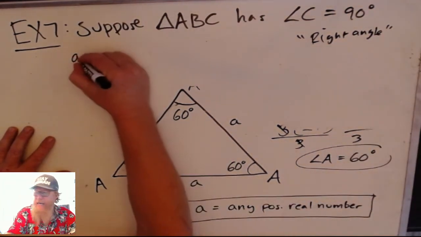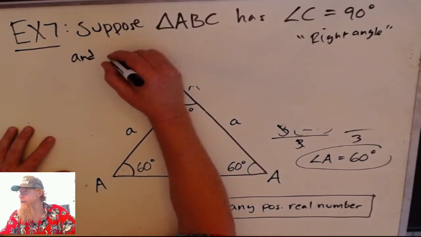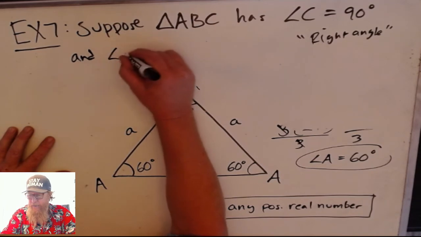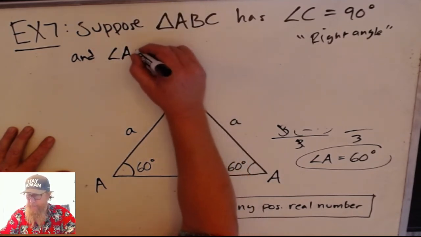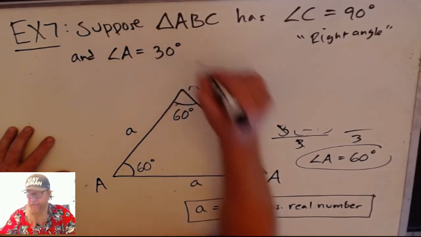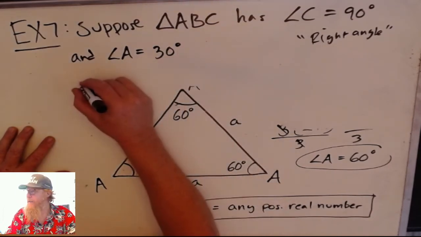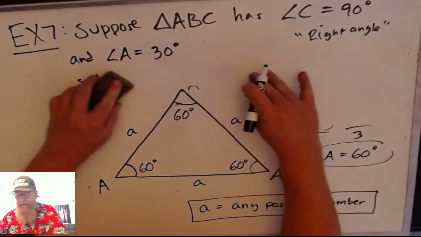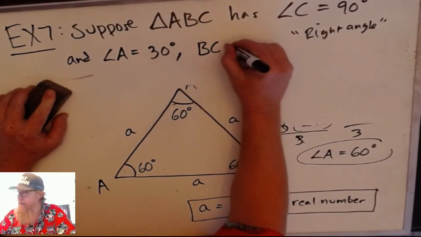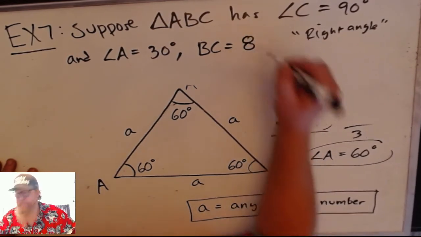And angle A is 30 degrees. Side BC is 8.